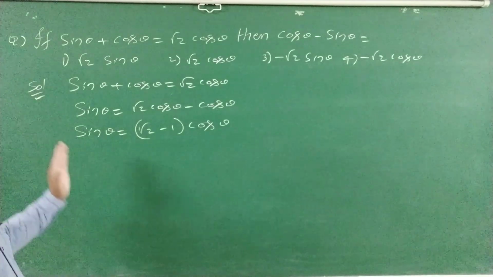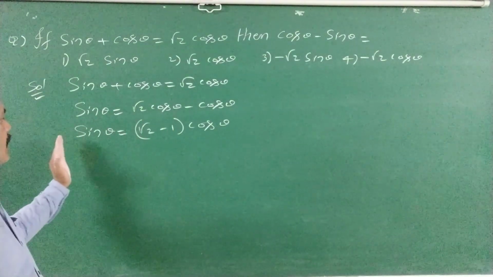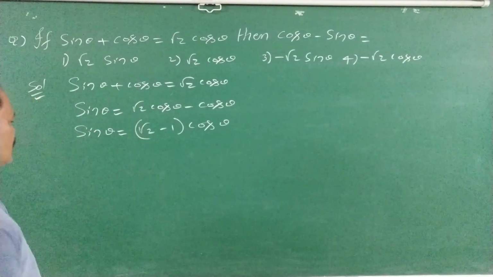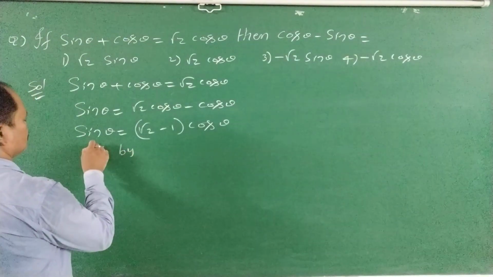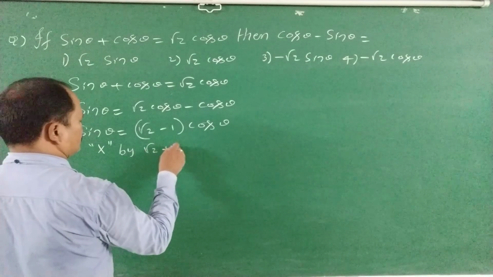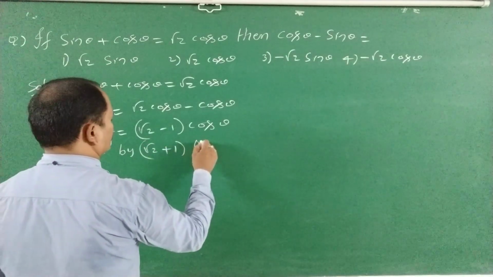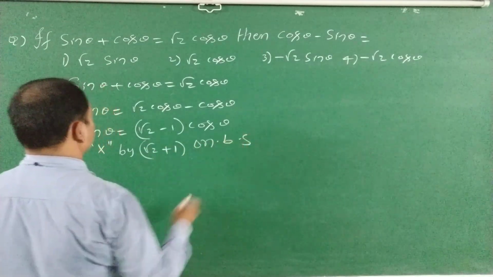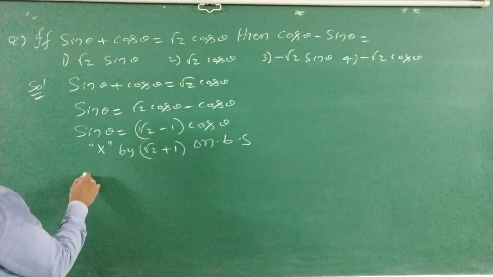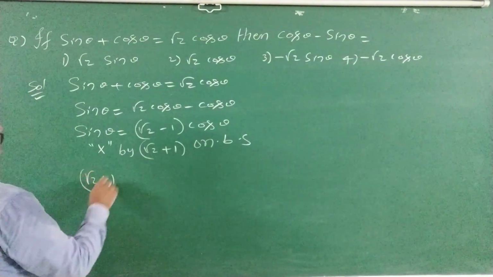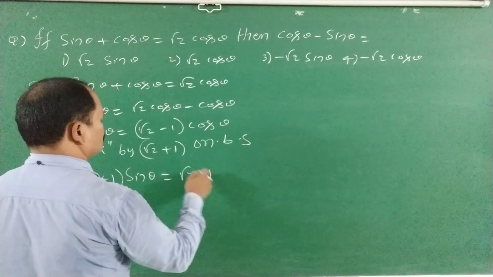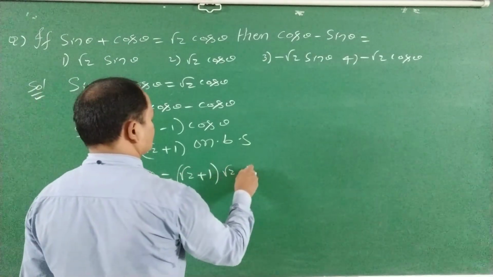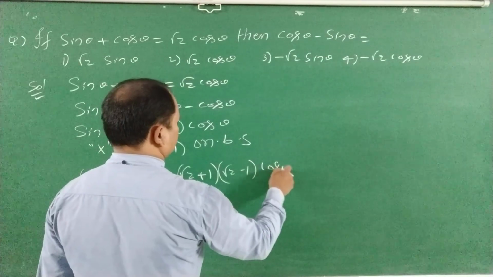Now we have to multiply by root 2 plus 1 on both sides. Then root 2 plus 1 into sin theta is equal to root 2 plus 1 into root 2 minus 1 into cos theta.